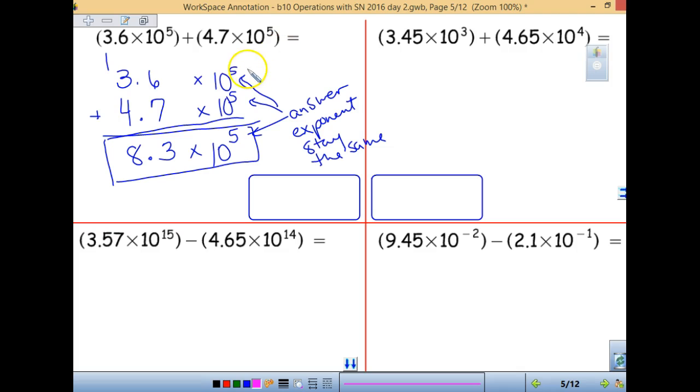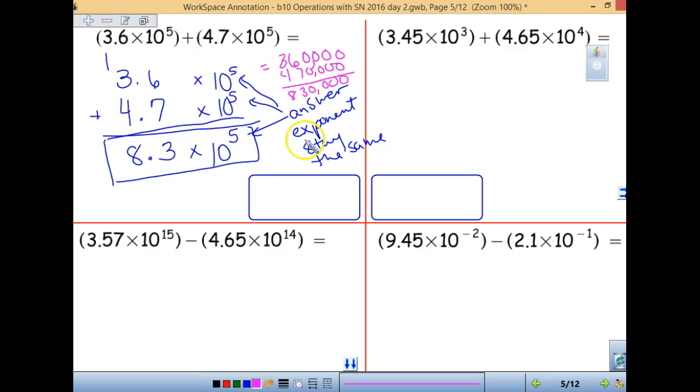This really means 360,000, correct? And I'm adding to it 470,000. So should I really add the exponents together and make it 10 to the 10th? No, because I'm just adding these 2 numbers together right here, and I get 830,000. That's all I'm doing, right?